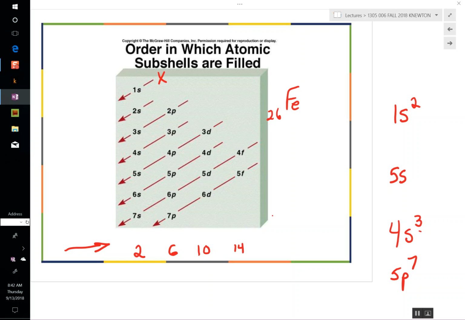Okay, you see that? You can look at where the thing is in the periodic table and start predicting what its electronic configuration is.